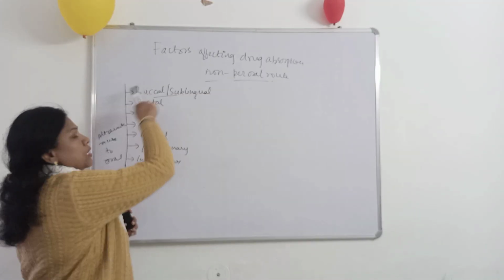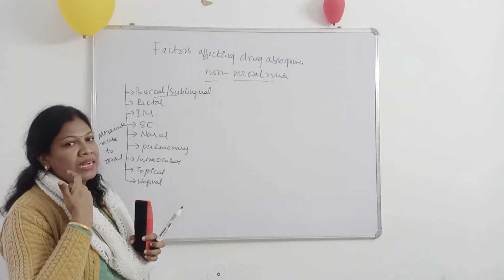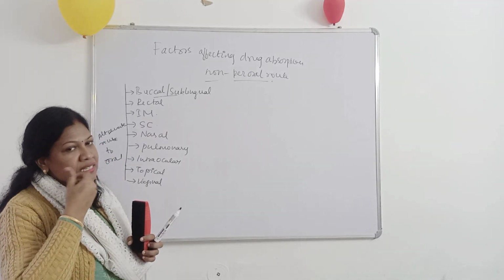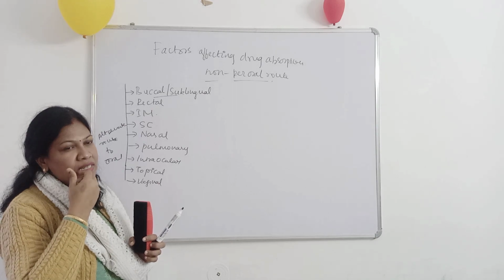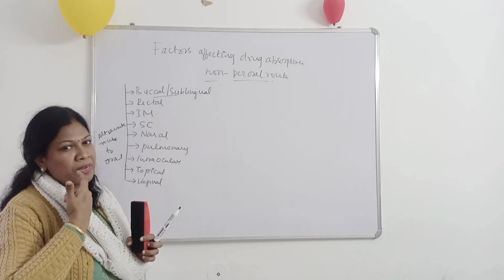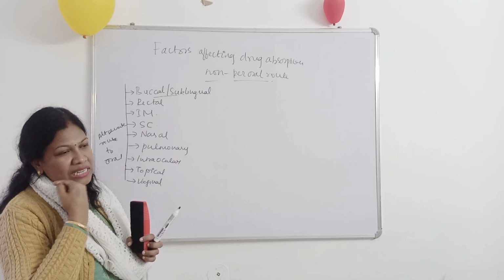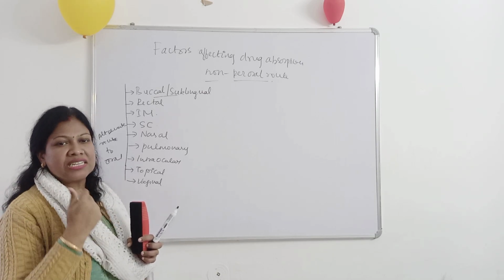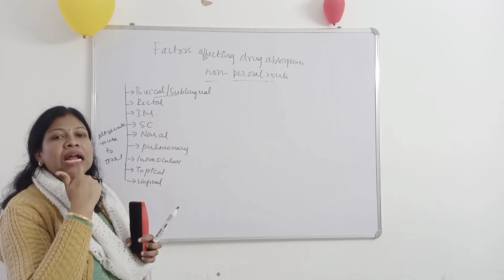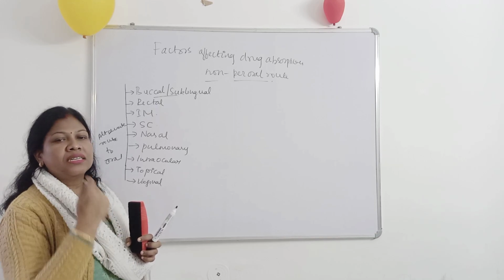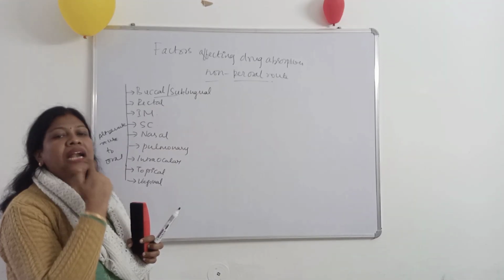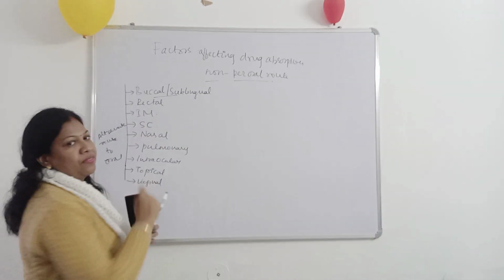The buccal route is given through the buccal cavity, that is inside the cheek and the gingival region. That region is known as buccal. The formulation given inside the cheeks is known as buccal, and beneath the tongue, just below the tongue, is known as sublingual region.